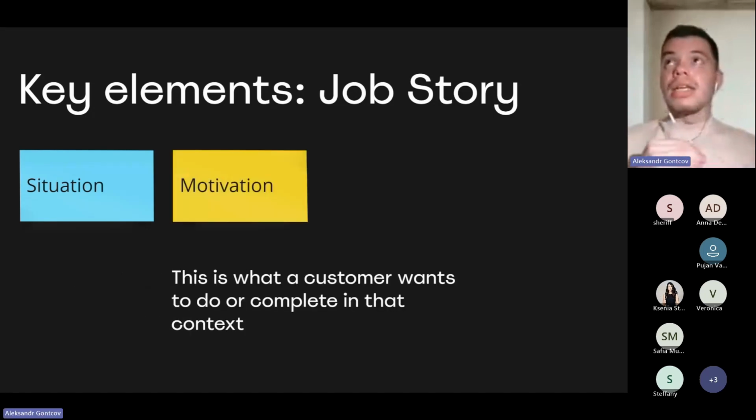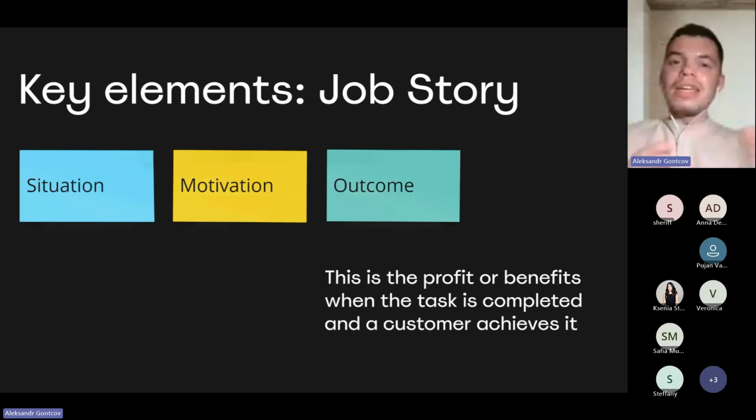Another part of the puzzle is motivation, and it's about what a customer wants to do or complete in that context. So the customer is in a particular situation and they want to finish a particular job, they want to complete a particular task in that particular context so they can achieve something, so they can come to a particular outcome, they can profit, they see benefits when the task is completed.